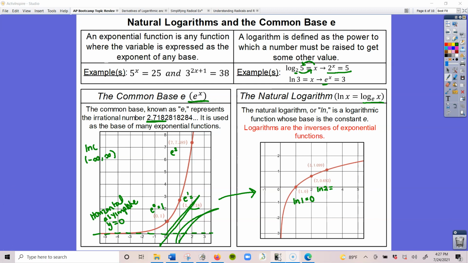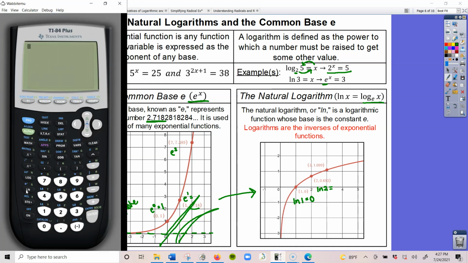Now, just so that you understand that a little better, let me show you here on the calculator. So again, if I were to take e, which is here, and raise it to the exponent of 0.693, I would expect that it would give me 2, because remember that it is the inverse.